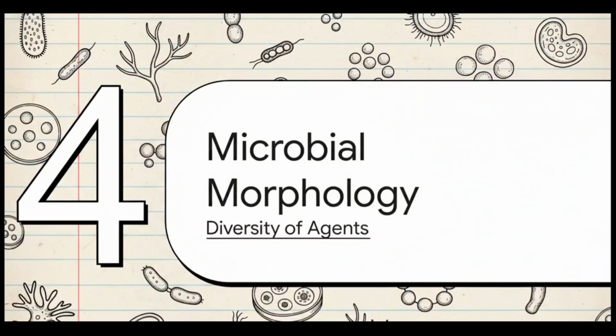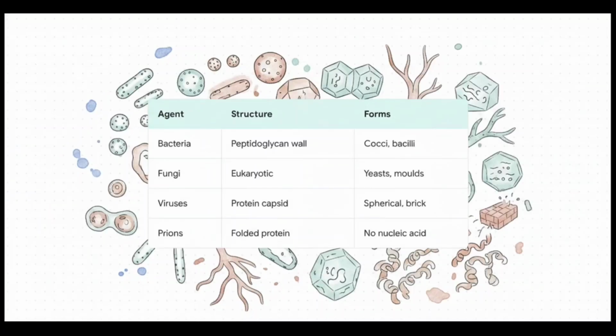Section 4 covers microbial morphology and the incredible diversity of these agents. Distinct morphological features differentiate the major classes of infectious agents. Bacteria typically possess rigid cell walls containing peptidoglycan and appear in forms like spherical cocci, rod-shaped bacilli, or helical spirochetes. Fungi, on the other hand, present as either single-celled yeasts reproducing by budding or multicellular molds forming branched structures called hyphae.